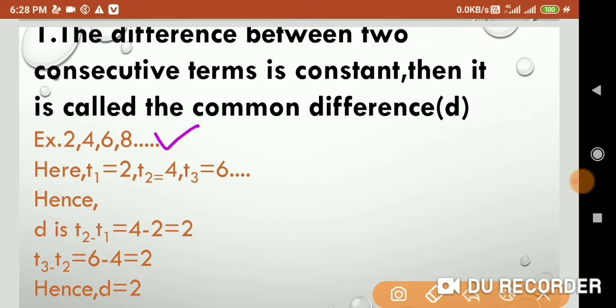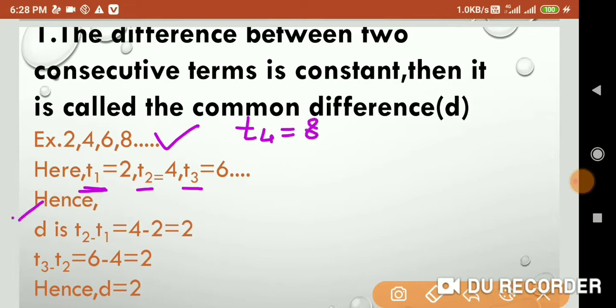2, 4, 6, 8. Okay, this is the sequence and we have to find the common difference d. Therefore, firstly here I write T1 is the first term. T1 is equal to 2. T2 is equal to 4. T3 is equal to 6 and the fourth term T4 is equal to 8.